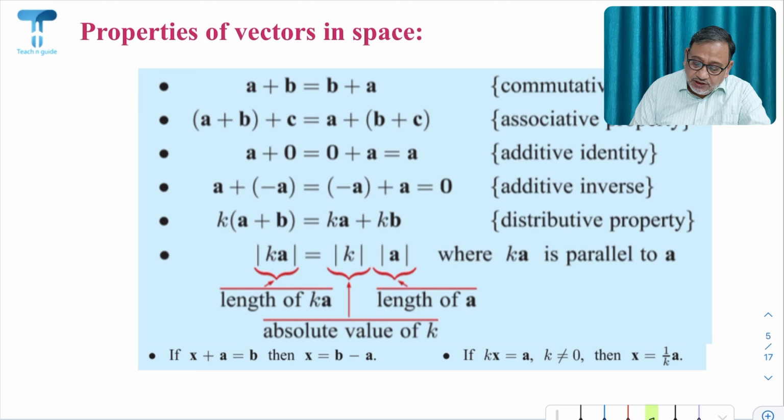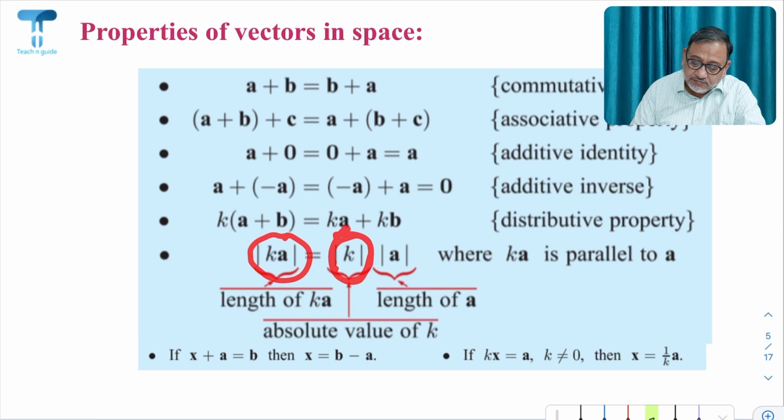Then modulus of k into A, it means length of kA is equal to modulus of k, absolute value of k, into mod of vector A, means length of vector A. Mod means magnitude. It gives us the magnitude, right? So length of k into vector A is equal to absolute value of k, means positive value of k we have to take, because in the left hand side also we have absolute value.